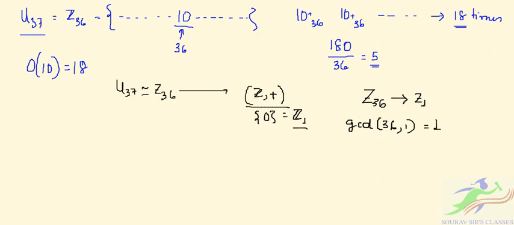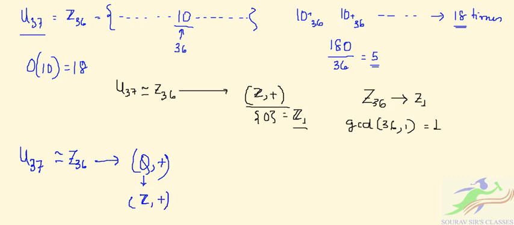And there is also exactly one group homomorphism to Q plus. Similarly, U of 37 is isomorphic to Z36, and Q plus has Z as a subgroup, and the one element of finite order is the identity. So going from Z36 to Z, how many group homomorphisms will there be?